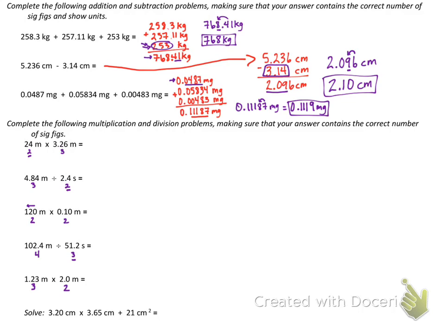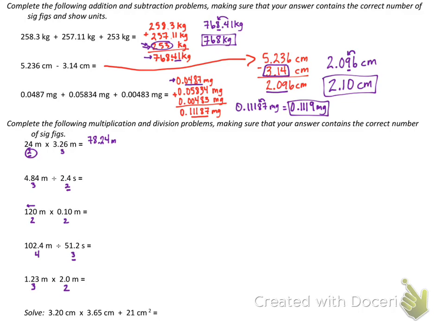And again, use your calculator. Don't worry about doing this by hand. So I'm going to take 24 times 3.26, and my calculator tells me it's 78.24 meters. But then I see that my answer should only have 2 significant figures.